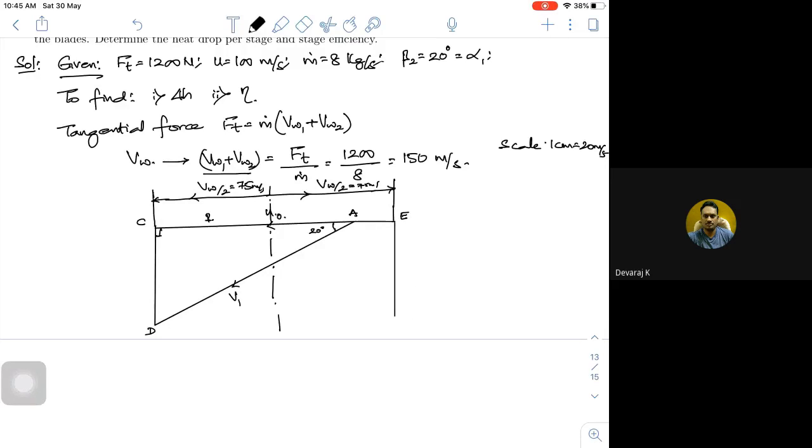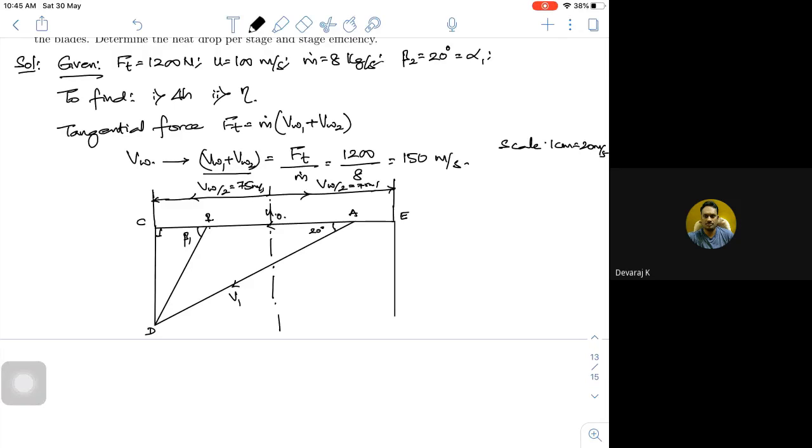Now I know the value of U, so U is already B. From B, I will join this line. So I'll be getting the beta 1. Now alpha 1 is equal to beta 2.